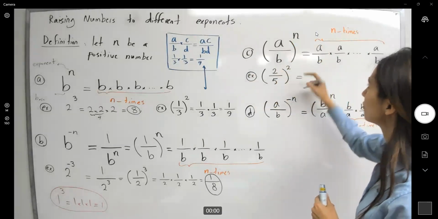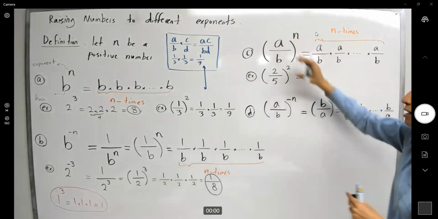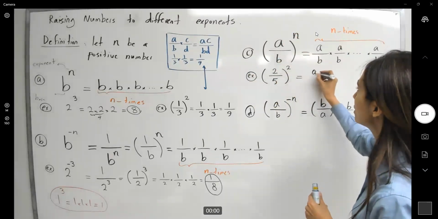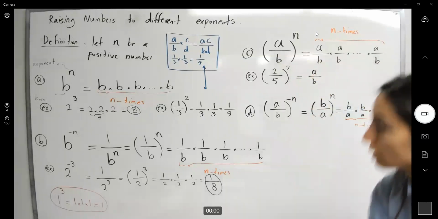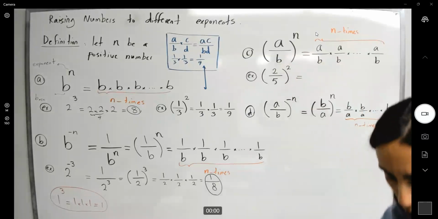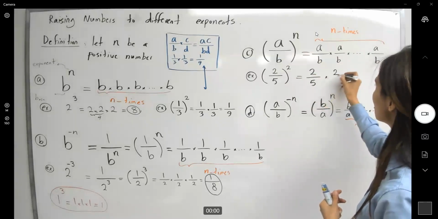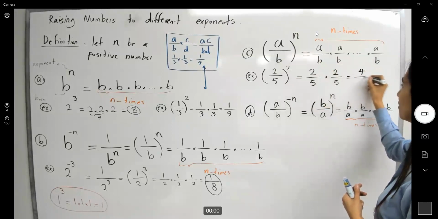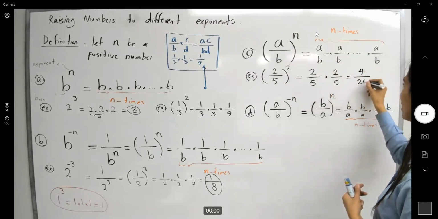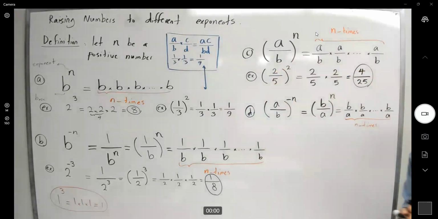So following the definition, it takes whatever is your base, no matter what, A over b, copy this down and multiply it by itself 2 times. So what is a over b? A over b is just 2/5. 2/5 times 2/5. 2 times 2 is 4, divided by 5 times 5, 25. A over b times c over d is ac divided by bd.